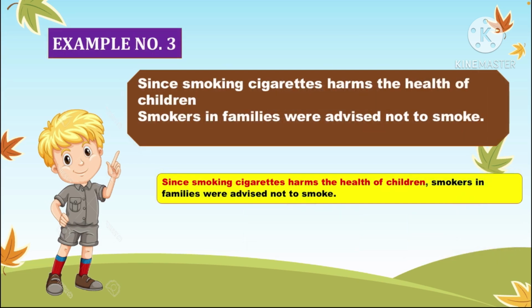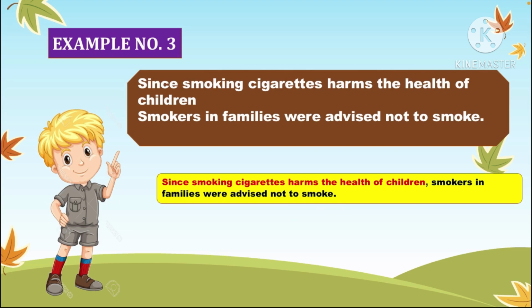Next example, we have two clauses here. Since smoking cigarettes harms the health of children, the next clause is smokers and families were advised not to smoke. When we combine it together to make a complex sentence, it will be since smoking cigarettes harms the health of children, smokers and families were advised not to smoke.